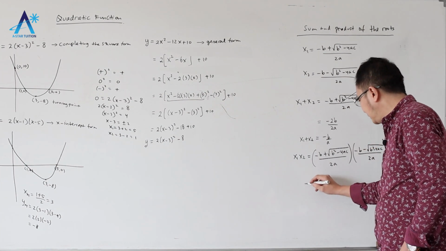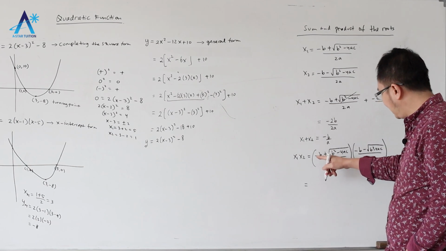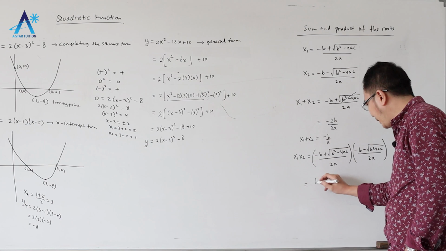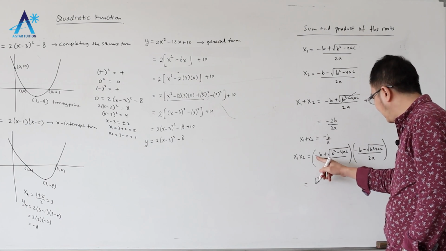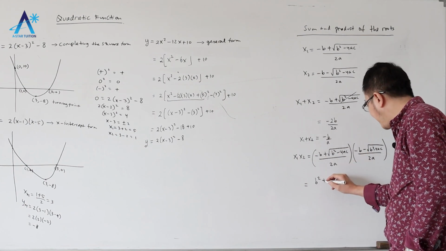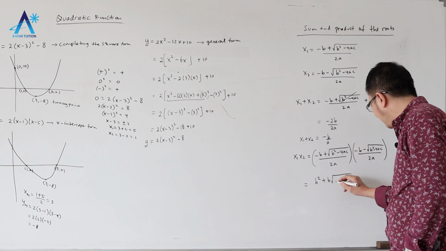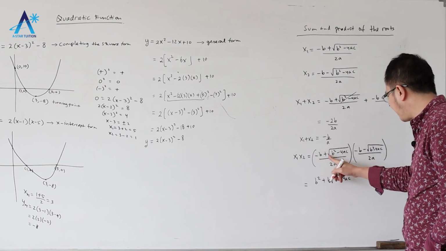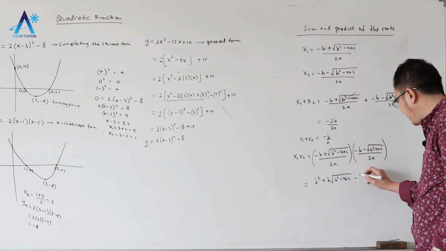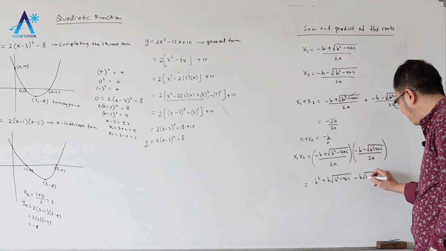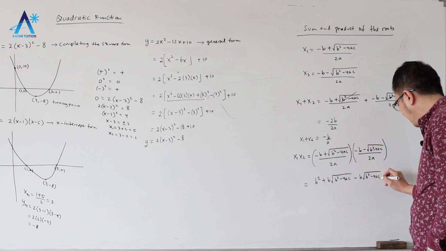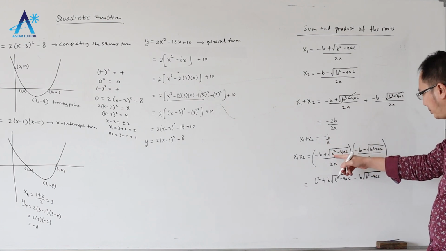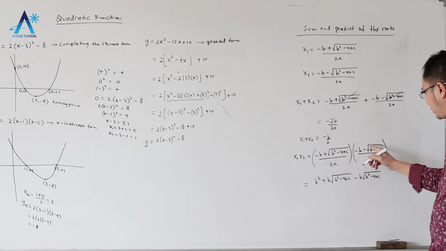The numerator will be b squared. This time this will be positive b times the square root of b squared minus 4ac. The product of this and this will be negative b times the square root of b squared minus 4ac, and then the final term will be the product of these two terms.